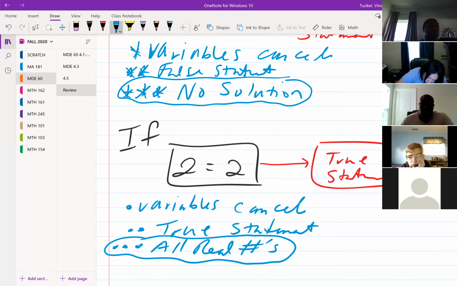See if any more questions are generated, and be ready to jump into chapter 5 next class. Like I said before, chapter 5 is graphing. So we'll be looking to do something a little different than solving equations. We'll be graphing them, and you'll see why they call them linear equations. And we'll go from there.